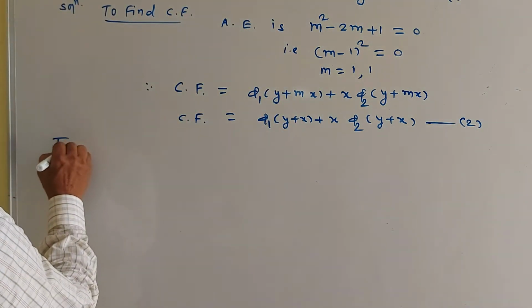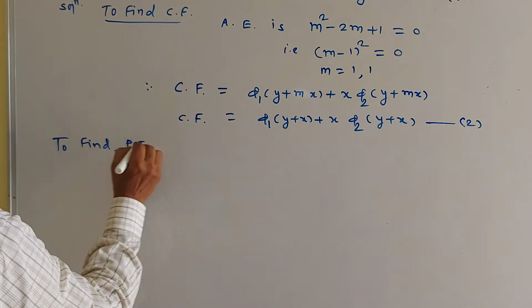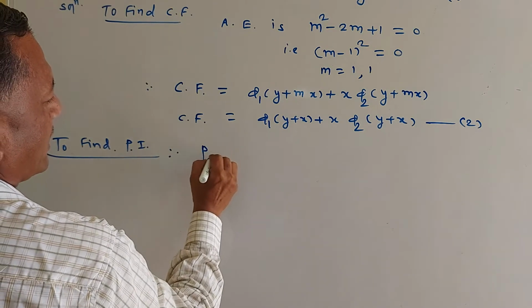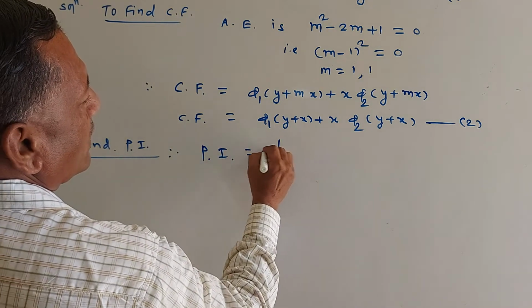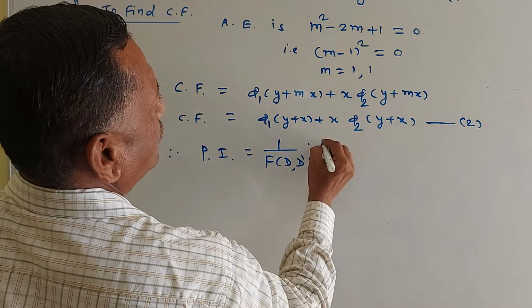Now we find the particular integral. Therefore, the particular integral is equal to 1 upon f of D, D dash into F of x, y.